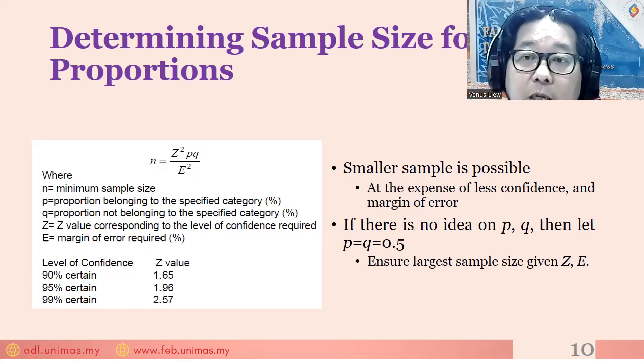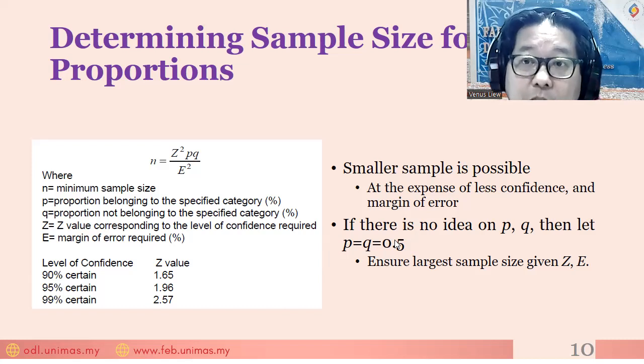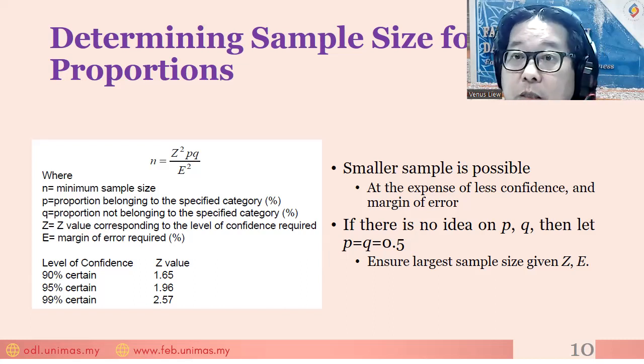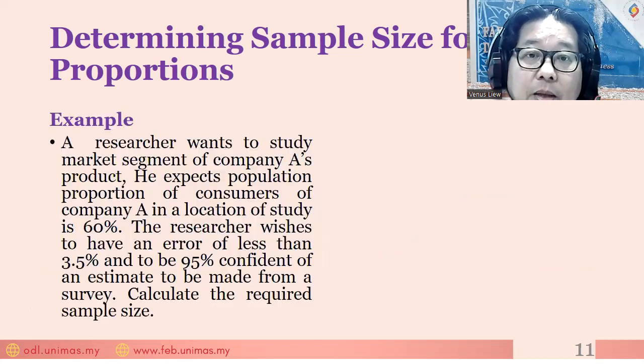If you calculate it, you will find that when P and Q are 0.5, the sample size N will be the largest compared to P and Q of different values. With that, you ensure you don't miss important information, and ensure the preciseness and the level of confidence.